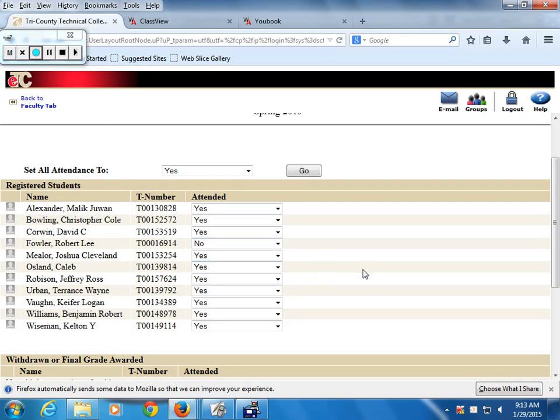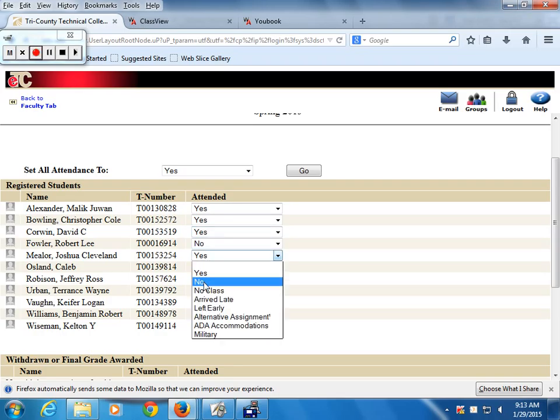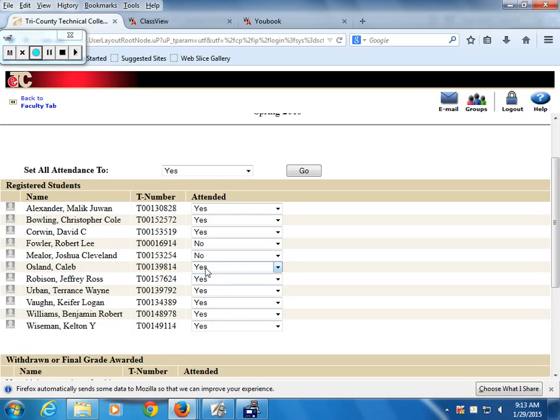How many we got here today? 3, 4, 5, 6, 7. Well, we got more than 7, so I got to call the roll. Alexander. Yes. Okay. Bowling. Corwin. Mealer. No Mealer. Oslin. Robinson. Urban. Vaughn. No Vaughn. Williams. No Williams. And Wiseman.